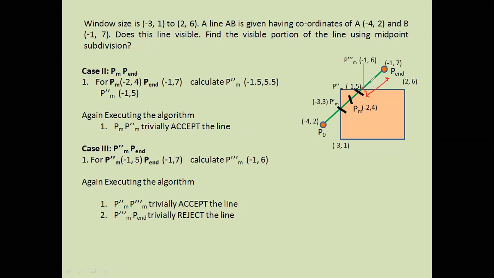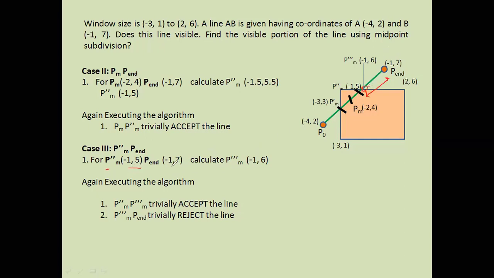Now the midpoint is calculated from PM double dash to P end. The point for P double dash M is (-1, 5), and P end is (-1, 7). Calculate PM triple dash, which is the midpoint. How to calculate?